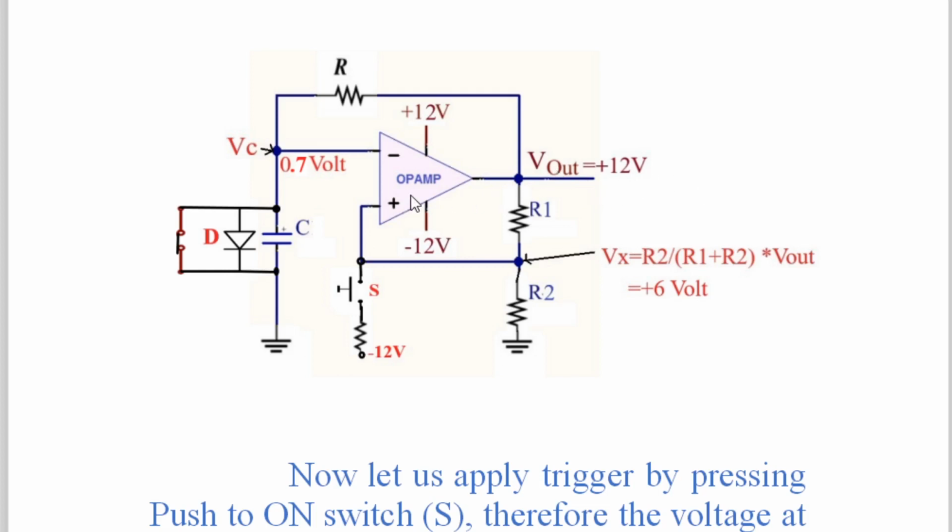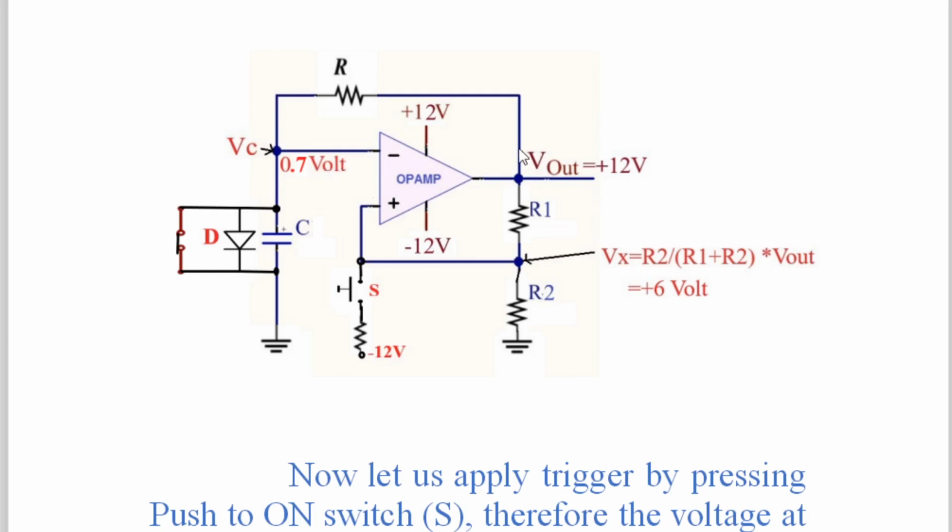Now, if you want to change the state from HVL to LVL, what should you do? The logic is very simple. For an op-amp, when the output is in HVL and you want to force it to go to LVL, why is the output in HVL now? Because the voltage at the non-inverting pin, that is the positive pin, is 6 volt, greater than the voltage at the inverting pin, 0.7 volt, which is very less.